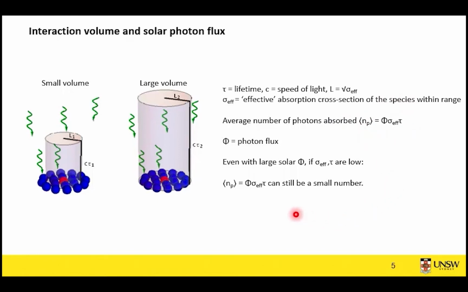Now, even if your photon flux is large, as we saw maybe was the case with solar photon flux, if your sigma effective and lifetime are low, then the average NP can still be a small number. And you can see that in the figure here. For the same photon flux, small volume versus large volume, the average number of photons within this cylinder is different.